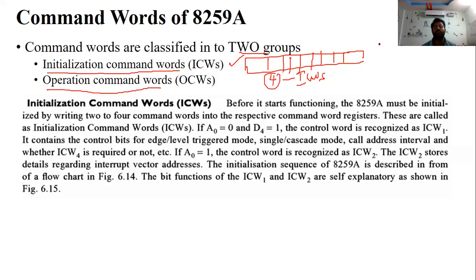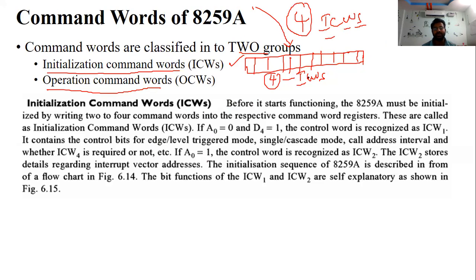Four initialization command words are used to serve the many modes and functions performed by this 8259A. So you use the 4 ICWs.